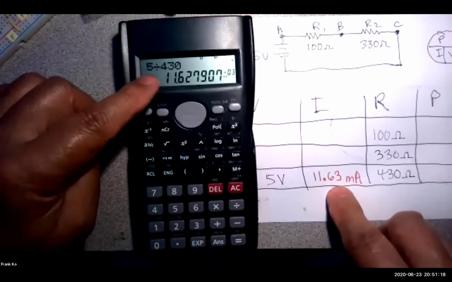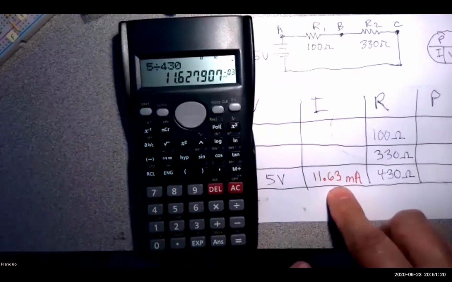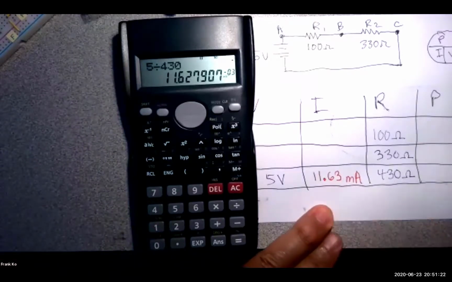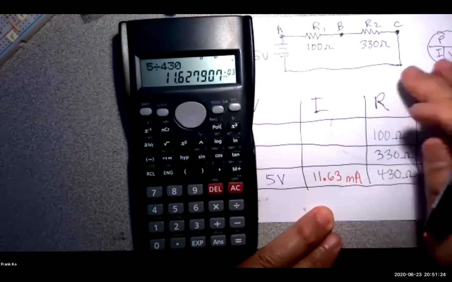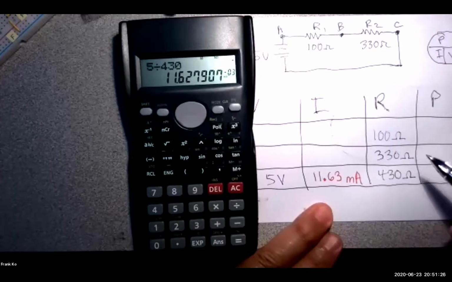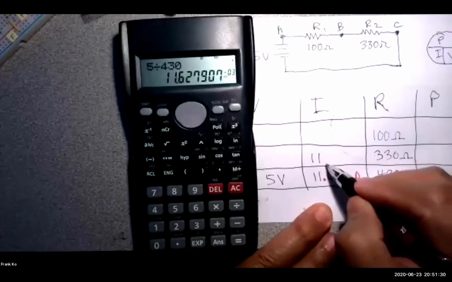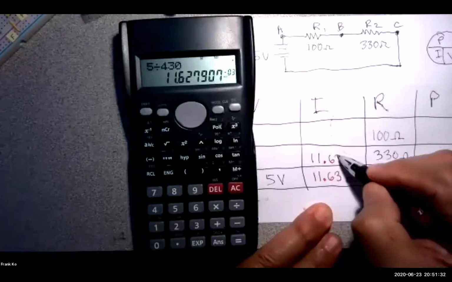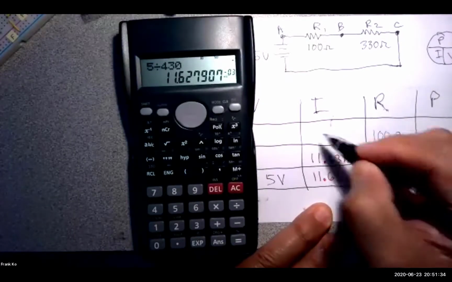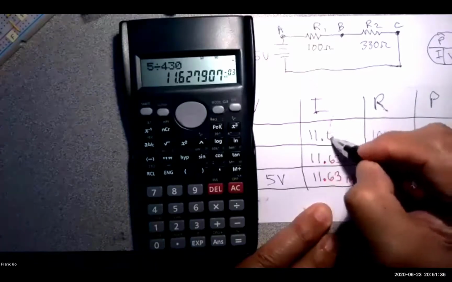Because you've calculated it twice, yes? If you're happy, what can you do next? In a series circuit, what is the same? Current is constant throughout a series circuit, correct. So you can now fill this in with confidence: 11.63 milliamps.